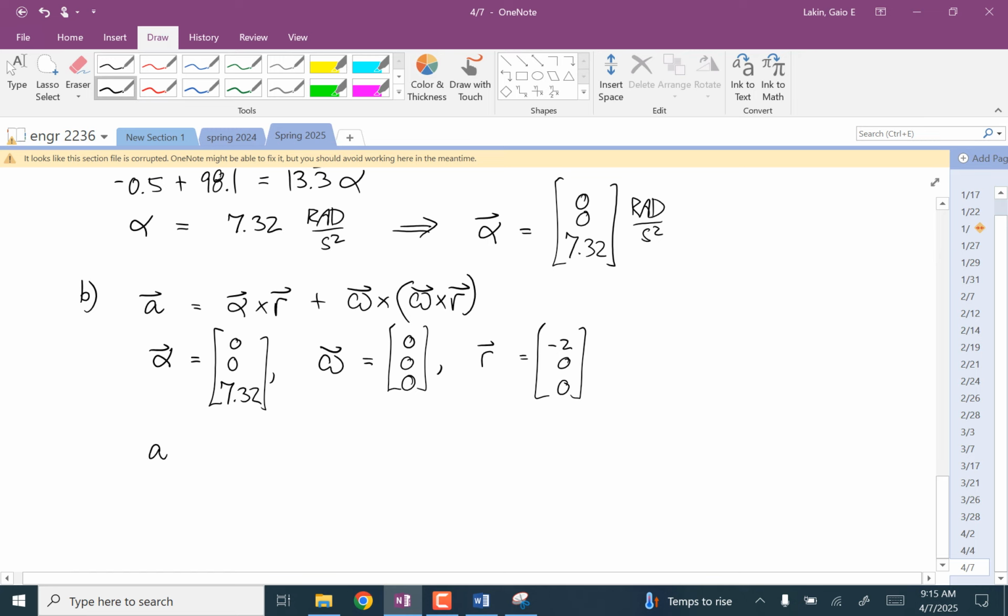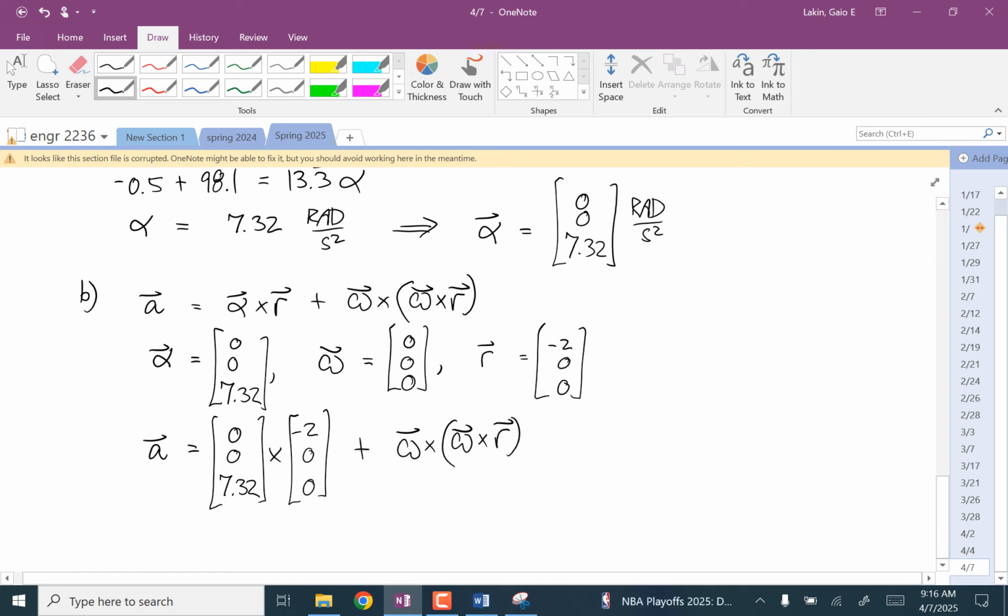And so the acceleration of the point at the left end of the beam is 0, 0, 7.32 crossed with negative 2, 0, 0, plus this stuff, which all becomes 0 because we don't know that angular velocity.